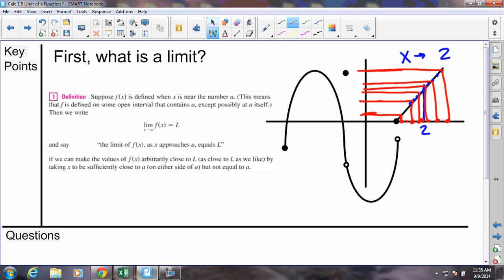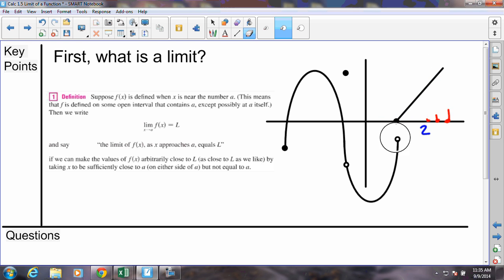If they are coming together from the left and the right, eventually they close in. As you get really close to 2, you get really close to this height. That's a limit. Intuitively, as you get closer and closer x values, what happens to the y values? Are they also getting crunched closer and closer together? That's the limit.